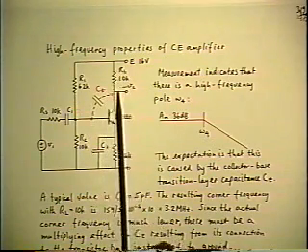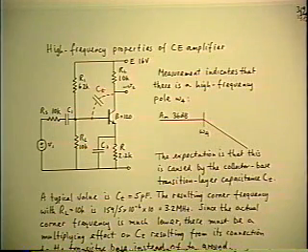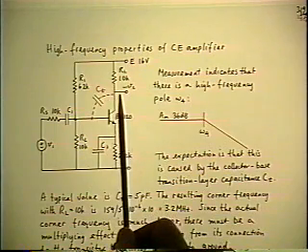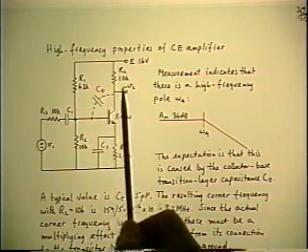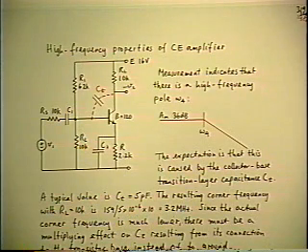So less of it goes into the RL, therefore the gain starts to drop off at higher frequencies. And if you make a guess that the corner would occur where the reactance of CT is equal to RL, which is the way you normally identify a corner, the corner of 5 picofarads and 10K is about 3.2 megahertz.